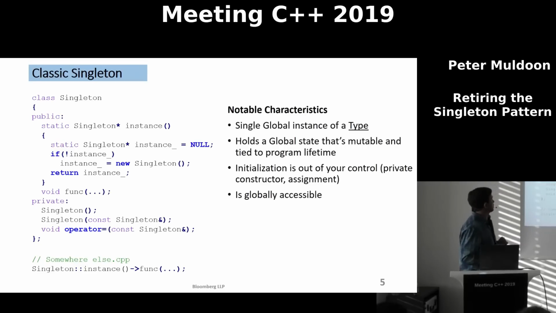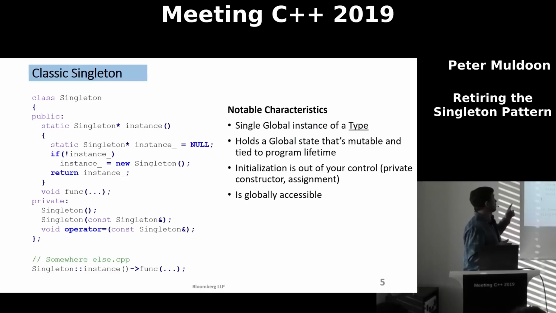This is just to keep it on a slide. What happens here is you see the constructors, the assignment operators, the copy constructors, they're all private. They can't be used, so you cannot create one on your own. The only way of getting it is through the instance function, which is globally accessible, meaning you can reach out from anywhere, and this is what makes it have hidden dependencies.